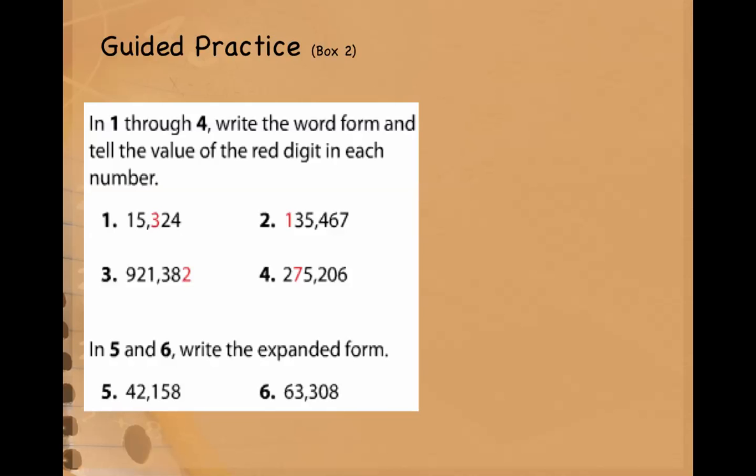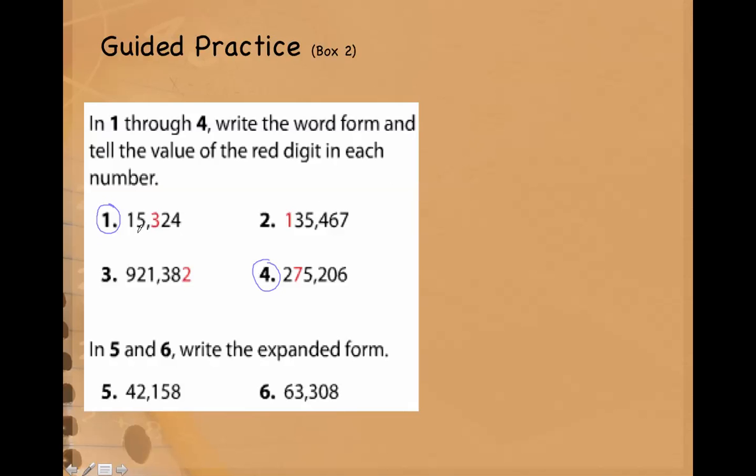Okay, let's go on to guided practice. In 1 through 4, write the word form and tell the value of the red digit in each number. Okay, so what I'm going to do is write the word form over on the side. I'm going to choose to do numbers 1 and 4 only.